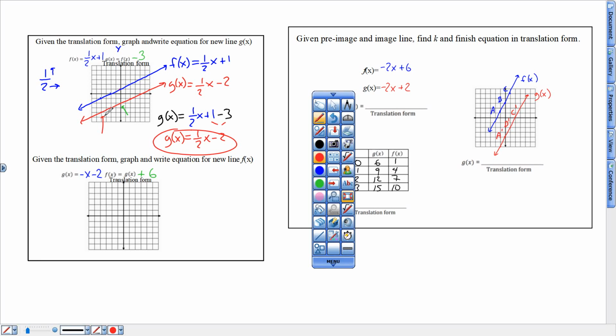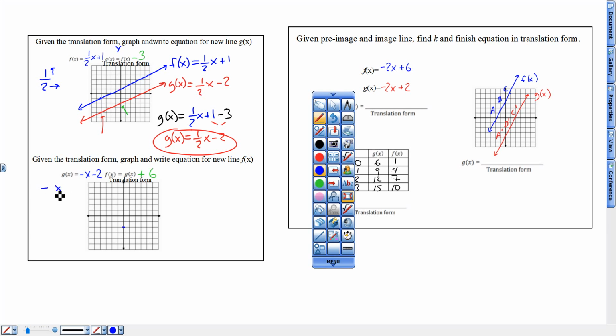Wave. Next one, the g of x is the first one. So whatever I give you first is going to be the pre-image. Whatever is listed second mostly is where the change is happening, the image, the translation form. So here we go. Starting at -2 on the y-axis. Tricky one with no number in front of that -x.